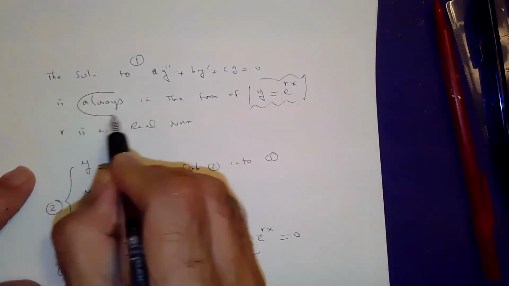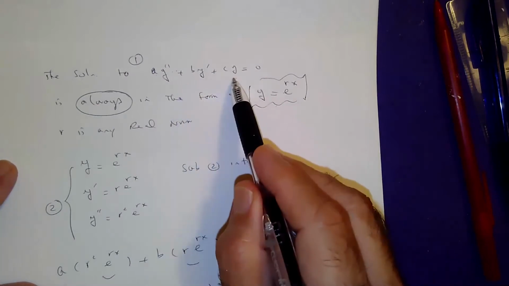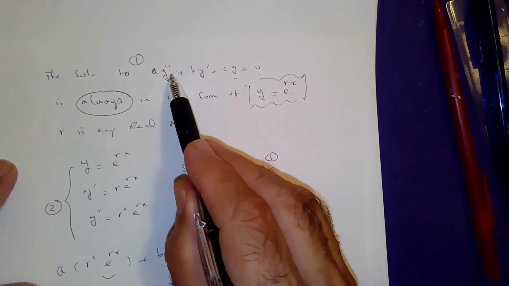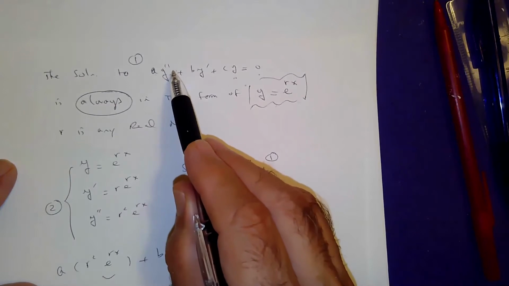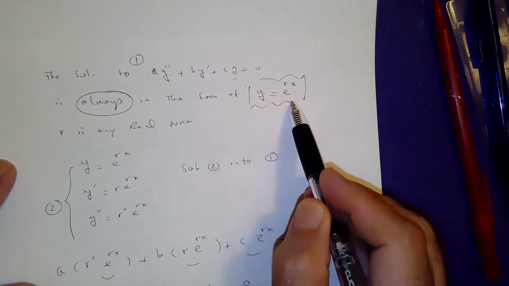But remember, the solutions should look like this, always, rain or shine. Notice I said always. If you have a homogeneous linear equation, regardless of the order, next Tuesday I'll raise this to the third order, third derivative, and the solution still looks like this.